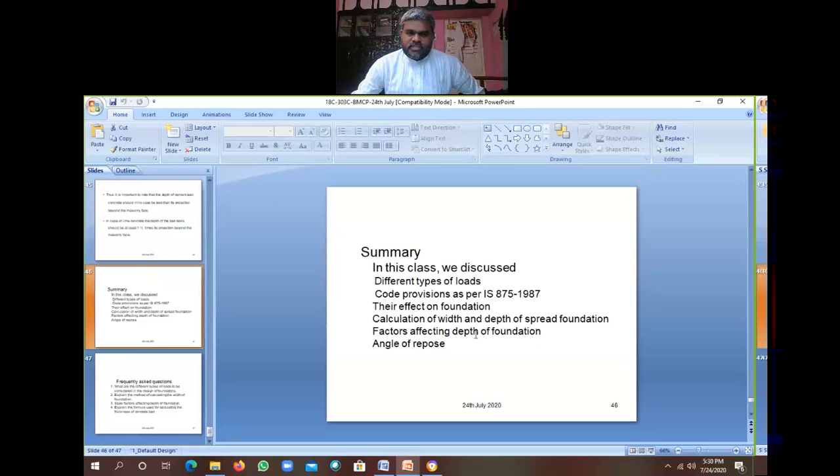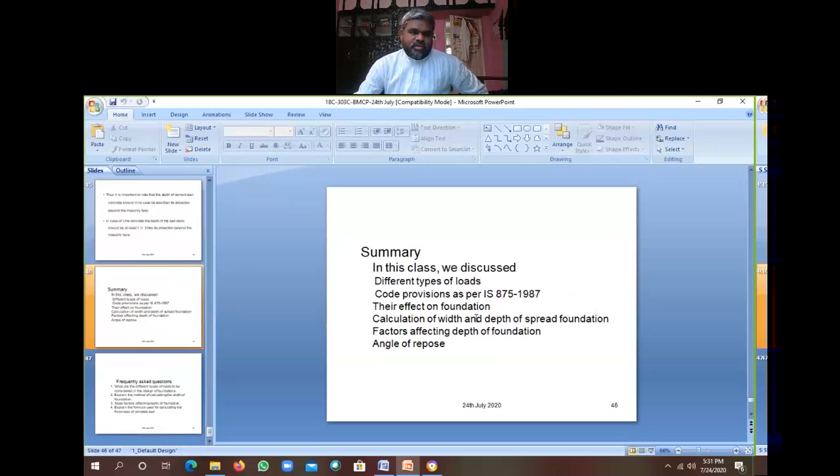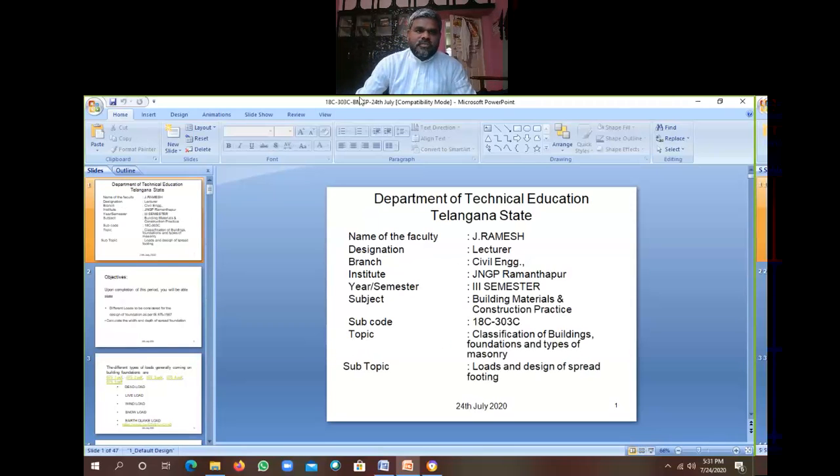There are also different questions: what are the different types of loads to be considered in the design of foundation; explain the method of calculating the width of the foundation; state the factors affecting the depth of foundation; and explain the formula used for calculating the thickness of concrete. This is what we have discussed today, and so this is today's class.